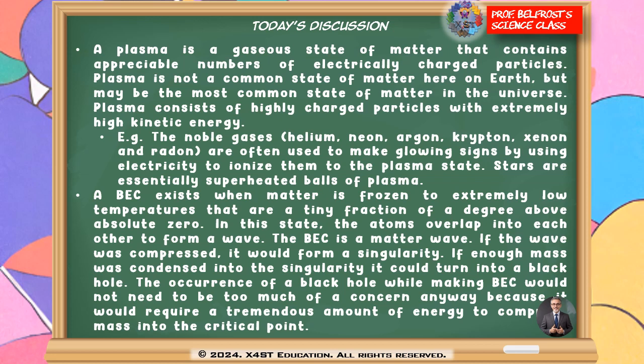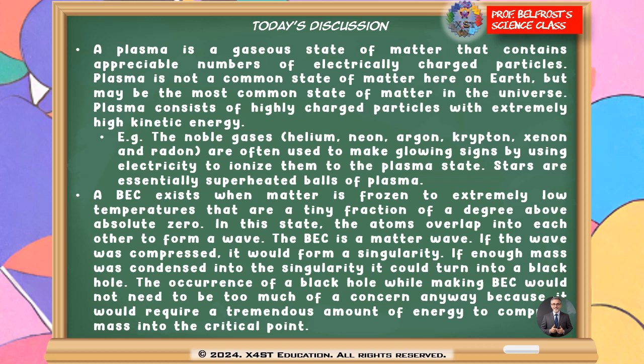Why? Because it exists at very high temperature. That's one cause. Plasma is not a common state of matter here on Earth, but in space, for example in stars, this is very common. It is the most common state of matter in the universe.